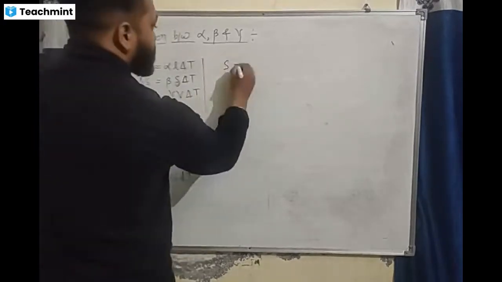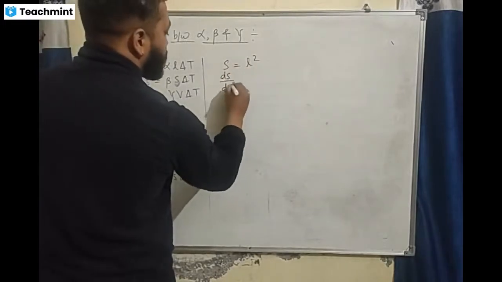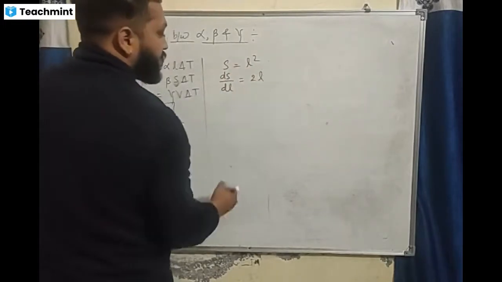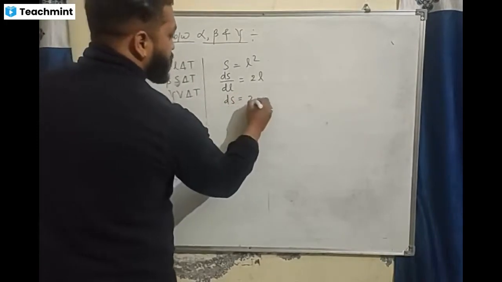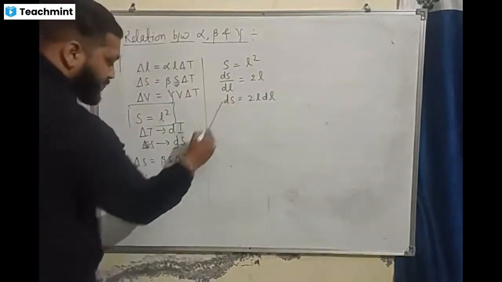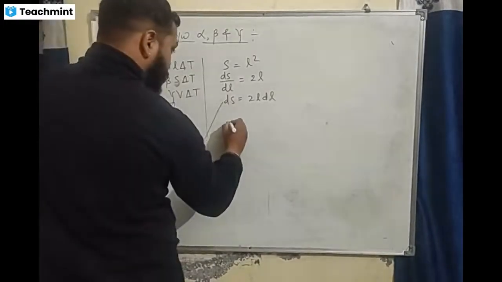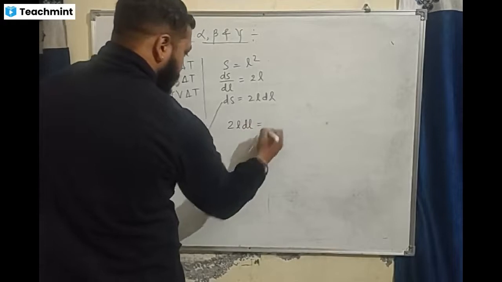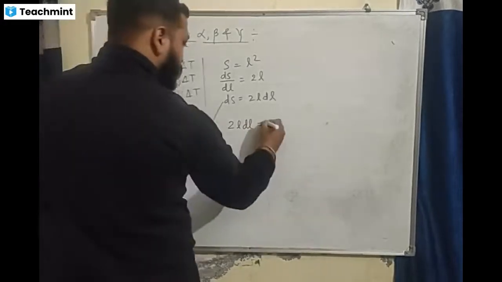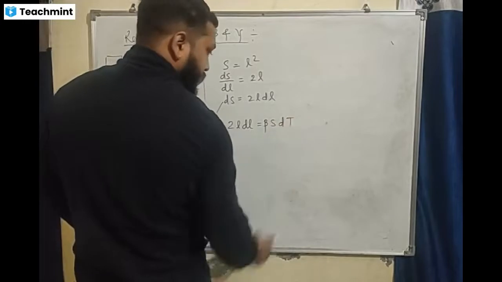So what is S? L square. If we differentiate it, dS over dL becomes 2L, or dS equals 2L into dL. I can put this value over here: 2L dL equals beta S into dT, and S is L square.